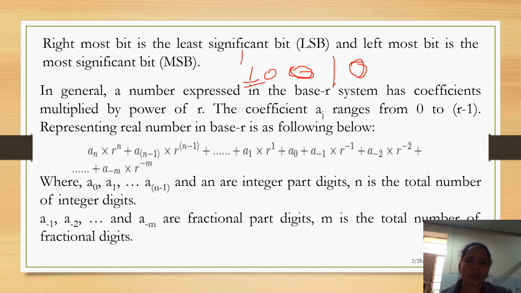The rightmost bit is called the least significant bit, because its weightage is very low. The leftmost bit is called the most significant bit, because the weightage of the bits starts from the right side to the left side, so the weightage of the leftmost bit is very high.